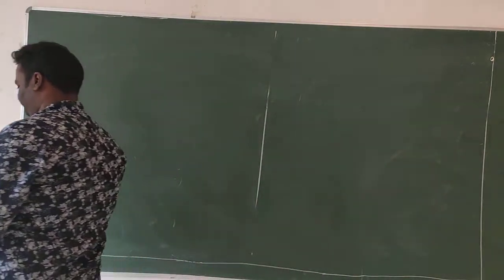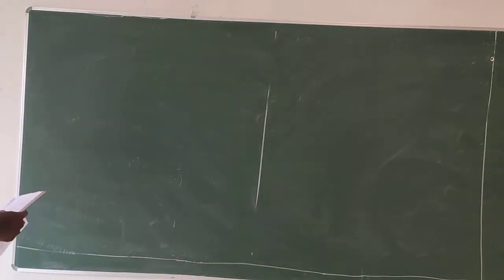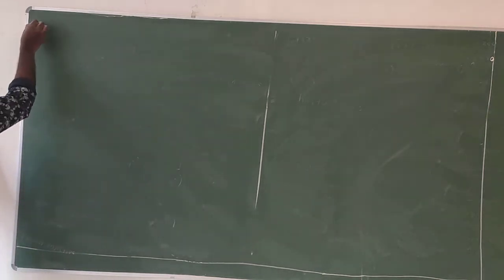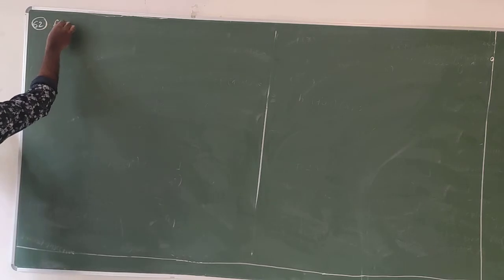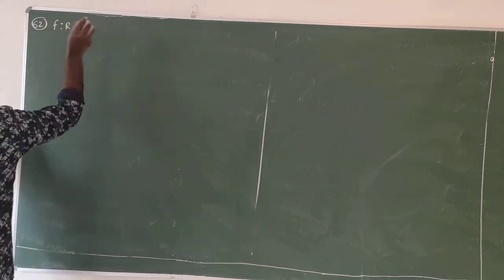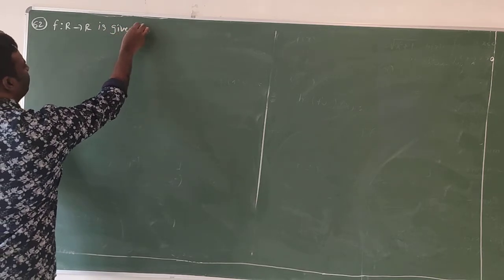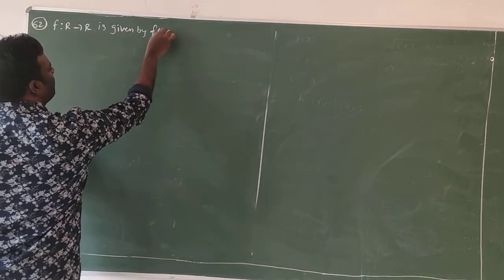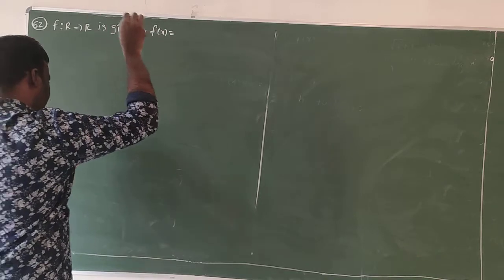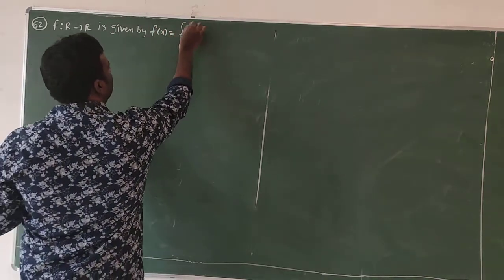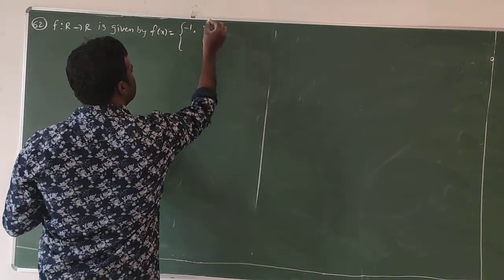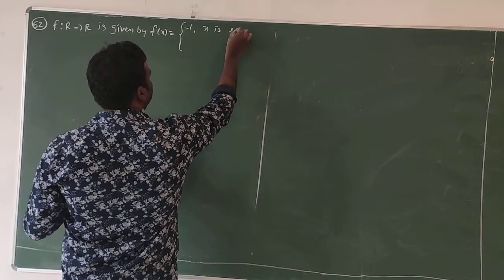Next, question number 62. F maps R to R is given by f of x equals minus 1 if x is rational.